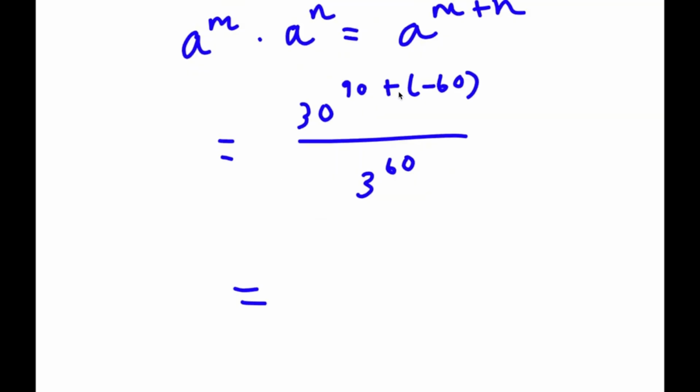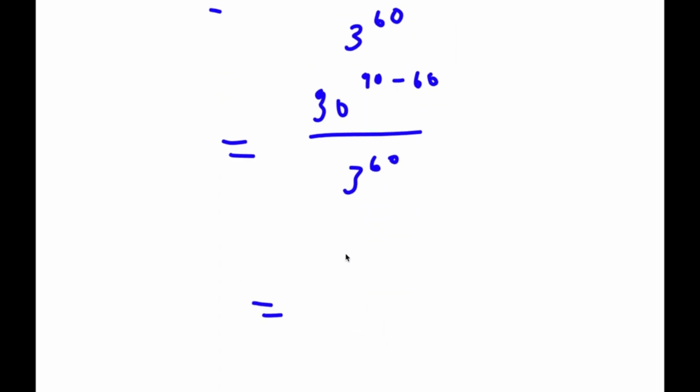Now 30 to the power of 90 plus negative 60, well, that's the same thing as 30 to the power of 90 minus 60, because a positive and negative make a negative. And 90 minus 60 is 30, so I have 30 to the power of 30 over 3 to the power of 60.